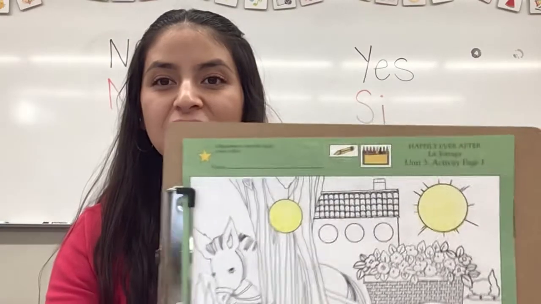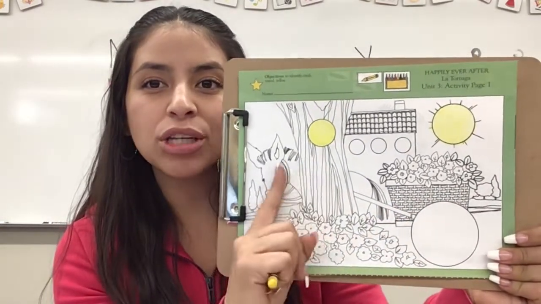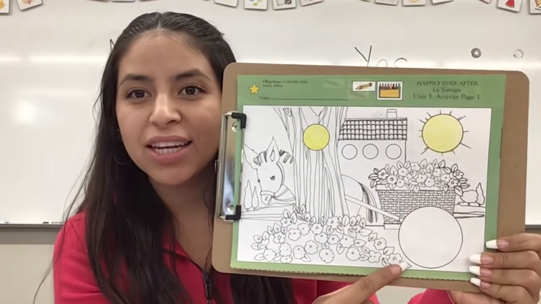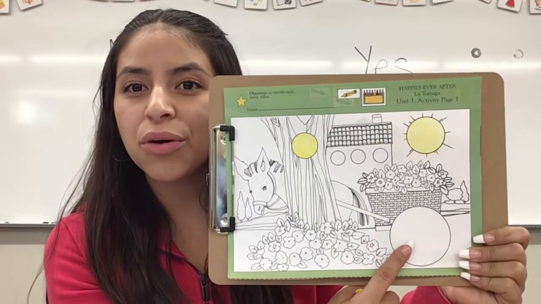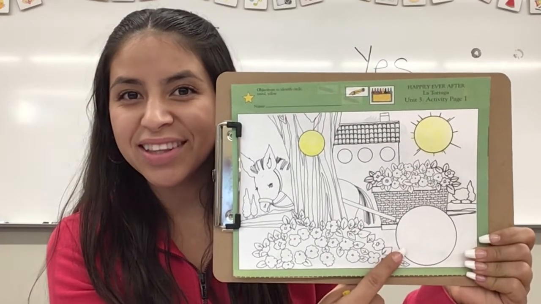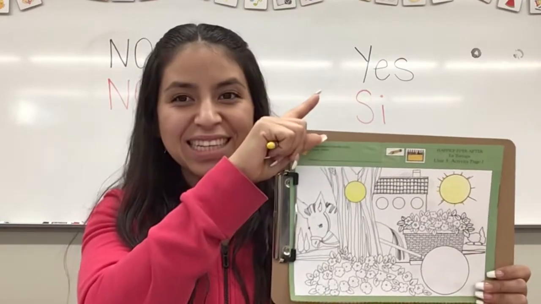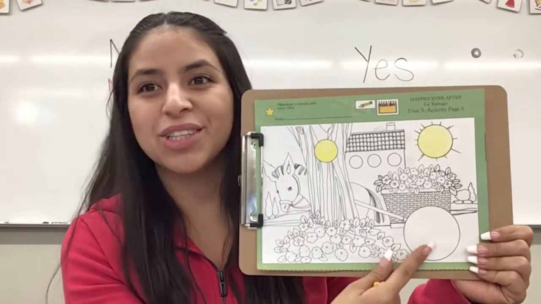If we take a look down at the bottom of our picture, we see our horse being pulled by a wagon. In this wagon, do you see the wheel? Is that wheel a round circle? Sí or no? Sí. If you answered sí also, that means yes, it is a round circle.